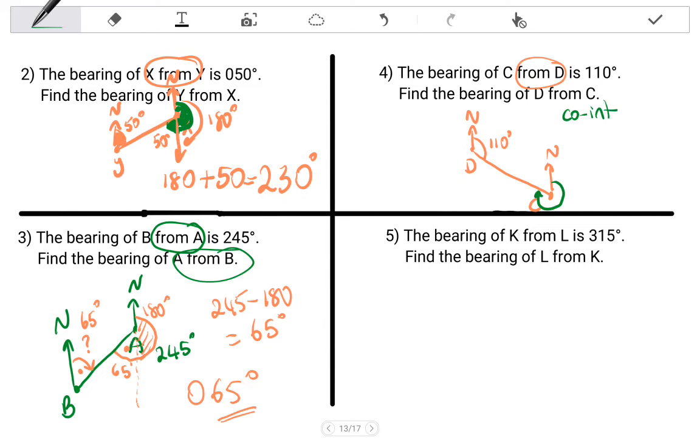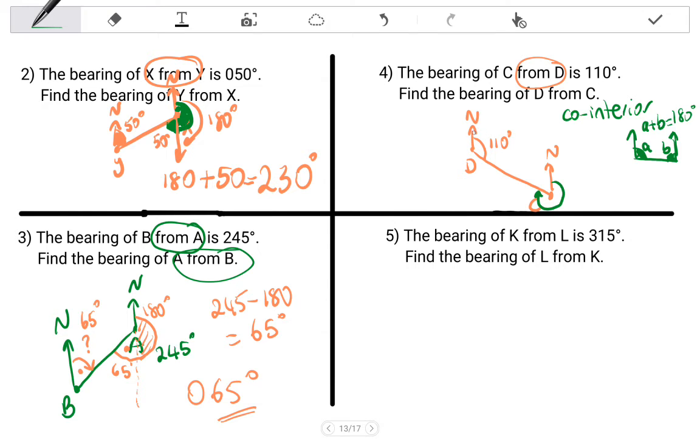In co-interior angles, we have two parallel lines and a line connecting them. The angles within this U shape have a property: if this is A and this is B, their sum must be 180.